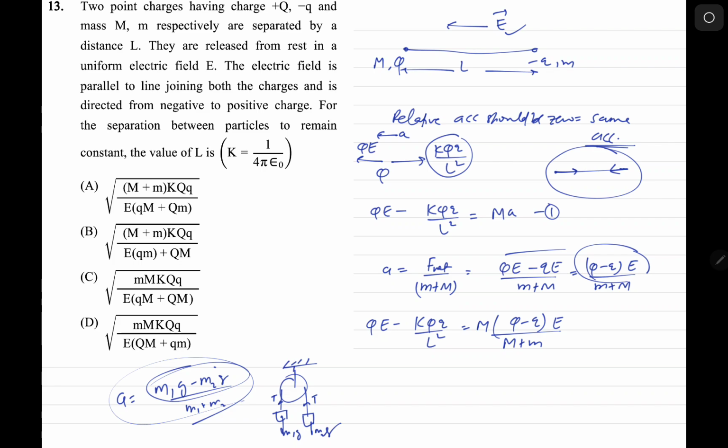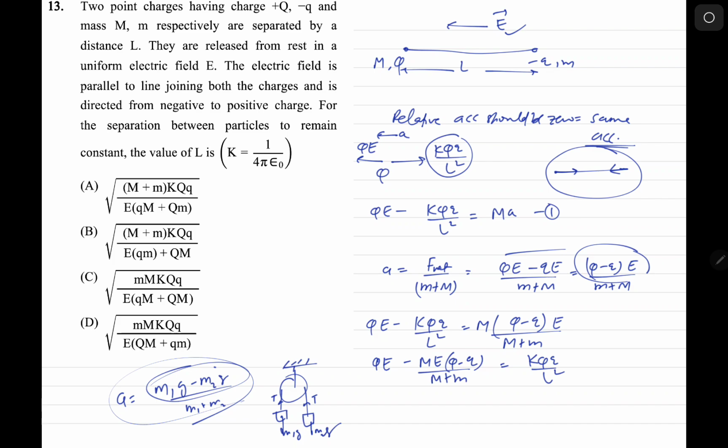We need to find L square here. So QE minus m times (Q minus small q) E by M plus small m is equal to KQ by L square. Just try to solve it, because there's a bit of calculation here.